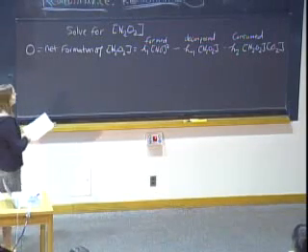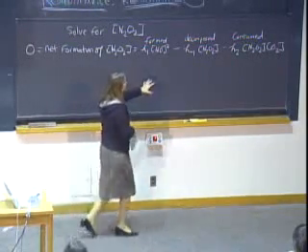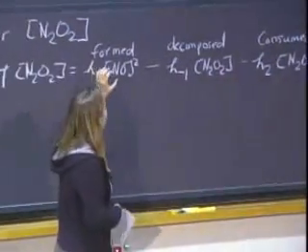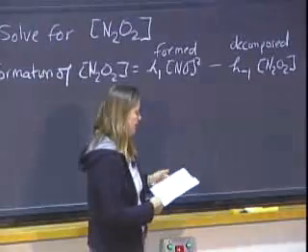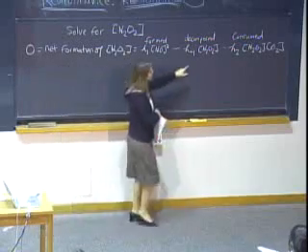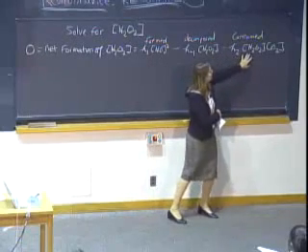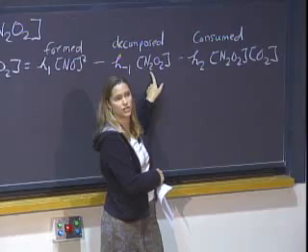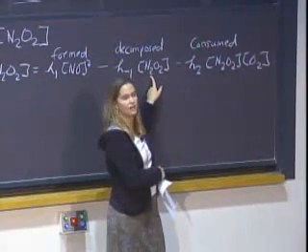Or we can rearrange these terms so that these two are on one side and the rate at which it's formed is on the other side. So let's do that. And I'm going to take these two and put them together and also pull out the term for the concentration of the intermediate, because I want to solve for that term.